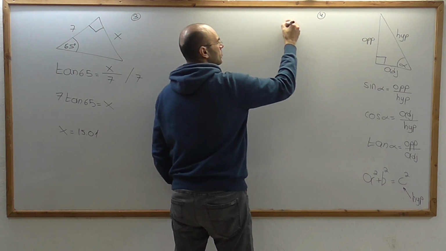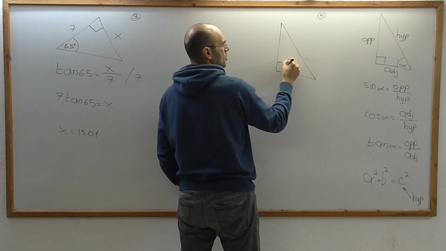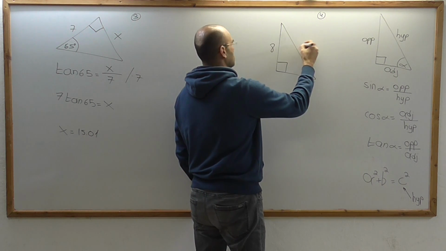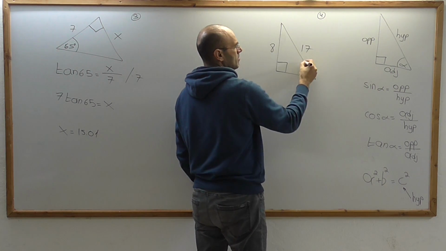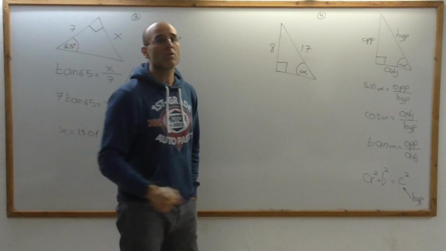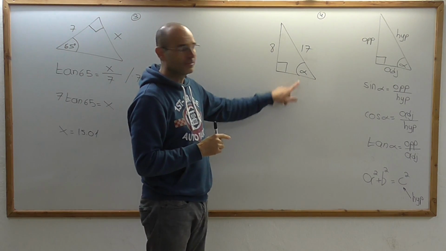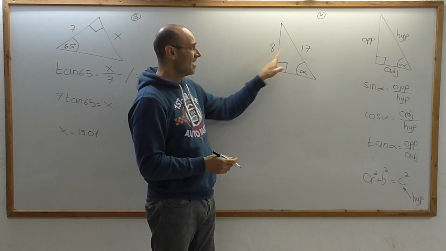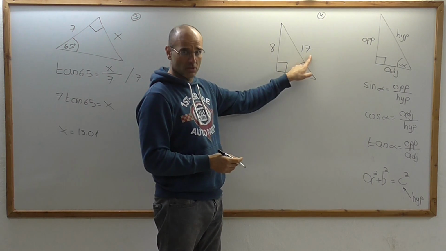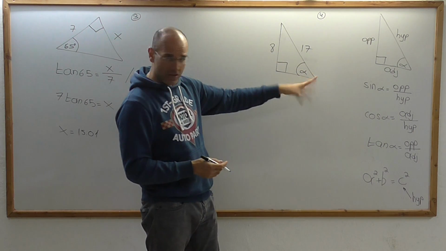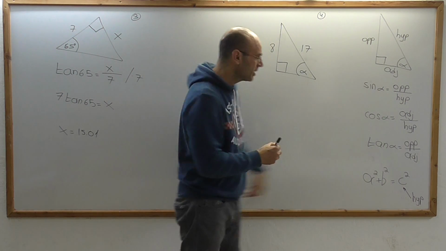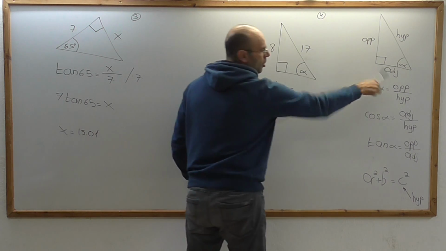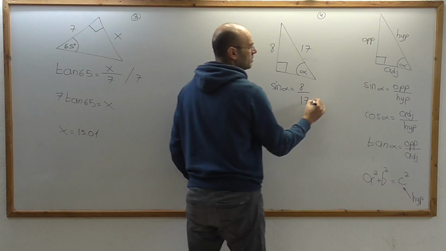4. Okay, suppose I have this triangle. Let's say this is 8, this is 17, this is alpha. Now I want the alpha. I want the angle. I do exactly the same. I have the opposite side and the hypotenuse. Op, hip. Who corresponds with op and hip? Sine. So sine alpha equals op over hip.